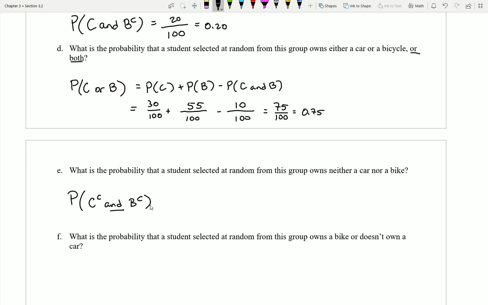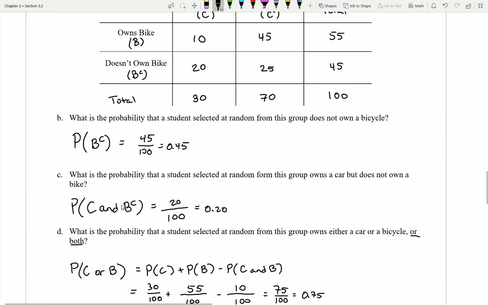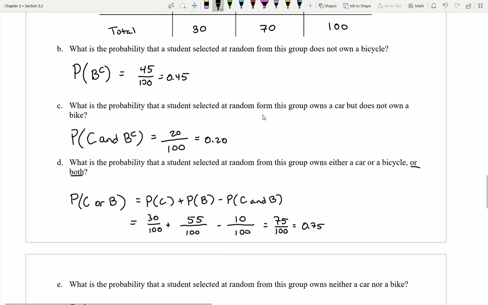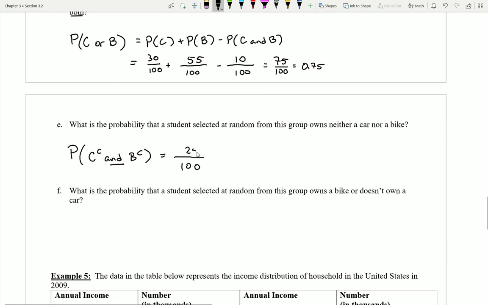That's always the word and. And again, ands are so easy to calculate because you can just go look in your table and find the overlap. Where are these people that don't own cars and don't own bikes? Well, don't own cars, don't own bikes. It looks like there's 25 people there total. So this is 25 people out of 100. That's 25%.